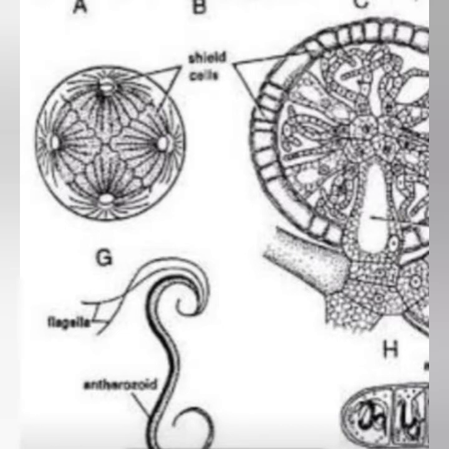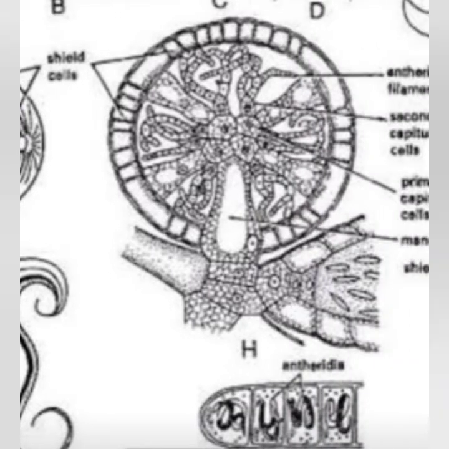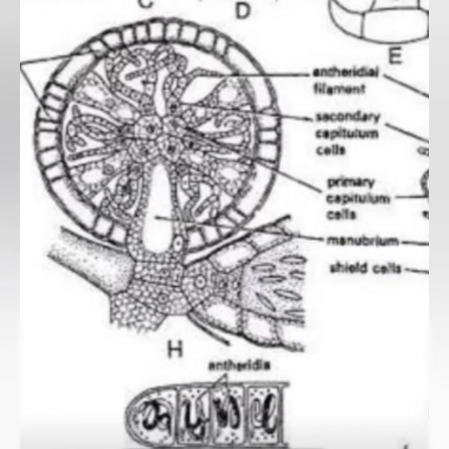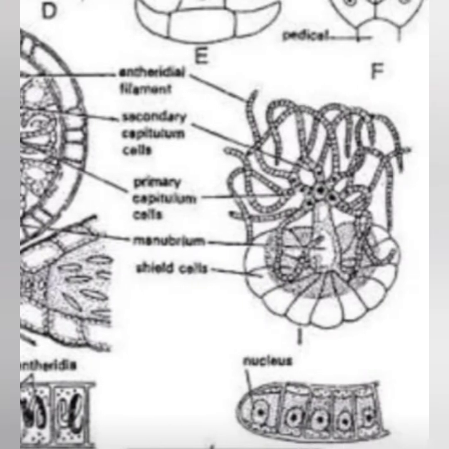The cells of the middle layer will elongate towards the center of the antheridium, and eventually they will form the manubrial cells. Like I had already explained in figure H, the manubrial cells. Now take a look at figure I here. You can see this is a single shield cell. From a single shield cell, one manubrial cell will form.